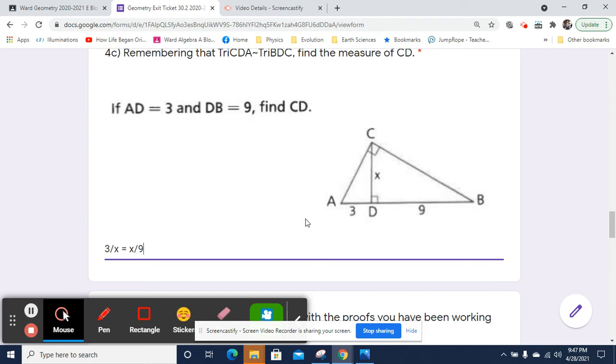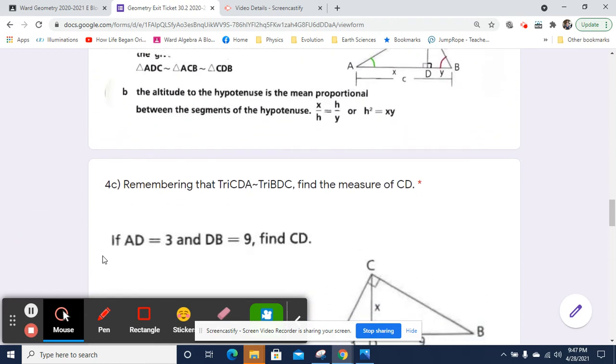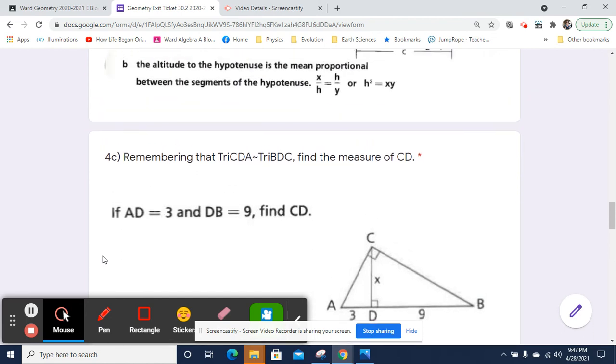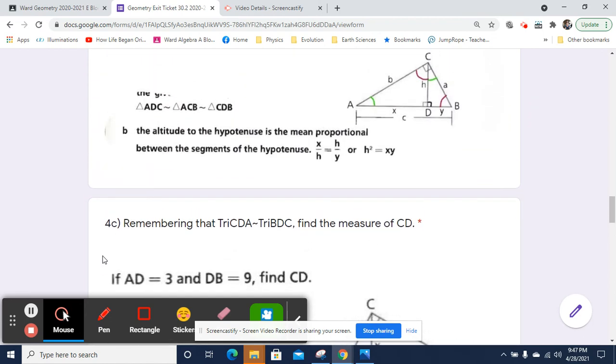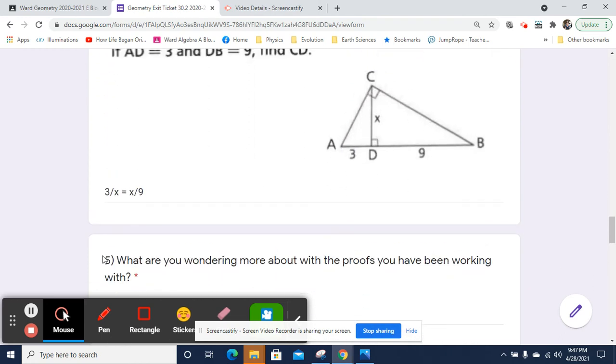You'll probably recognize that x is in the h position, and the 3 and the 9 happen to be in the y and x positions. So this is going to create a mean proportional: 3 is to x as x is to 9.